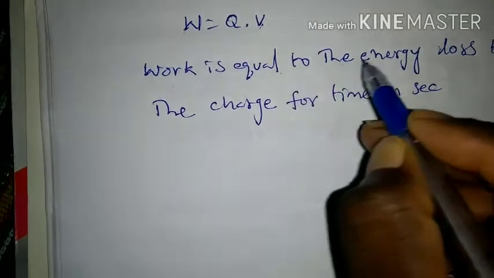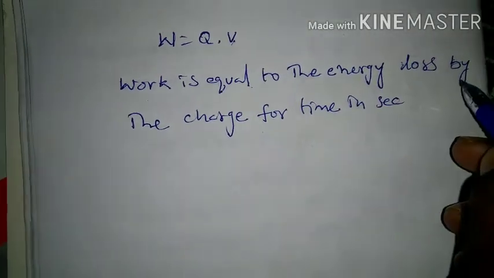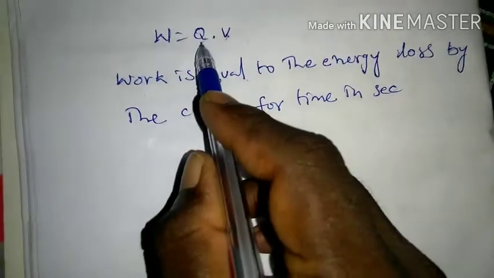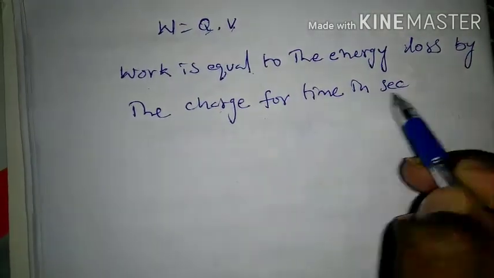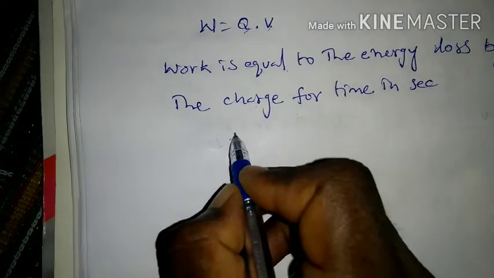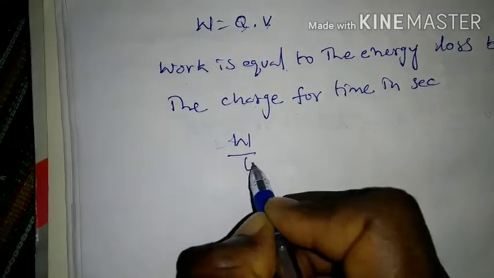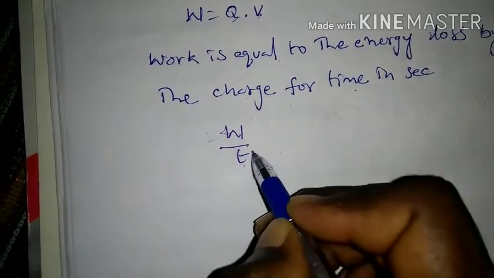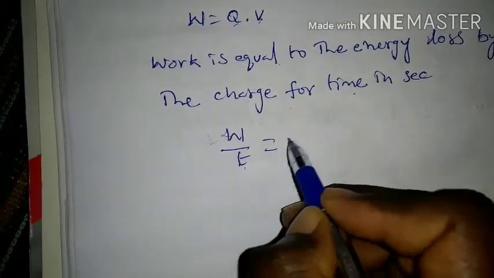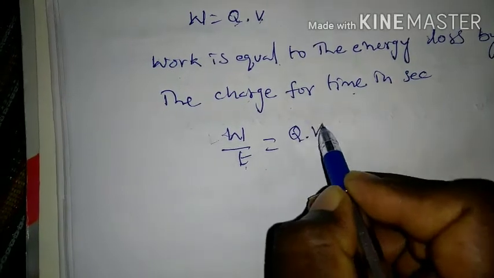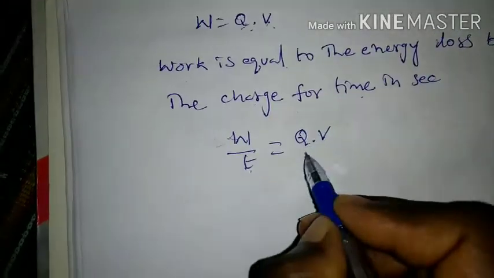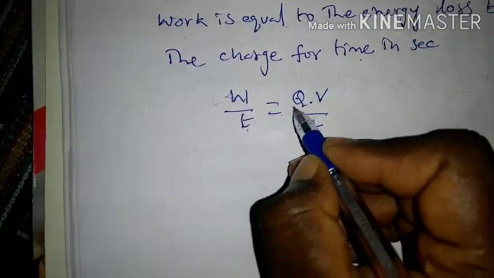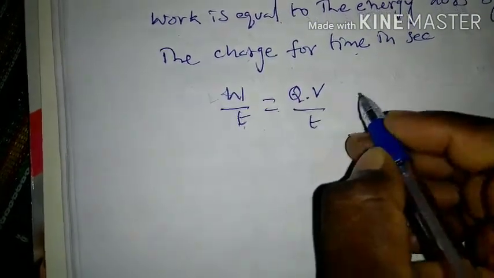After that, W by T. Charge per time, W by T is equal to Q into V by T.